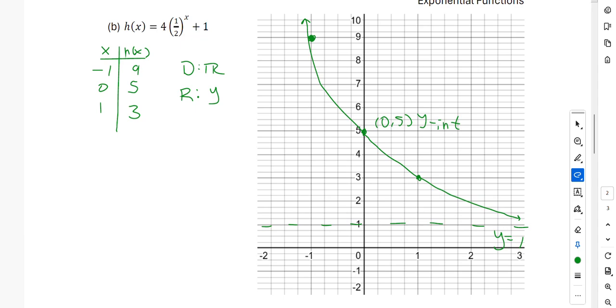Will it be y is bigger than 1 or y is less than 1? Great. Because 1 is the smallest value that it can reach, but it can't touch it. Graph, domain, range.